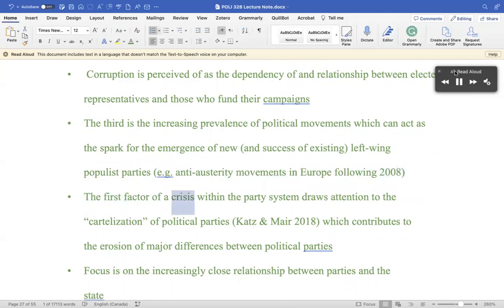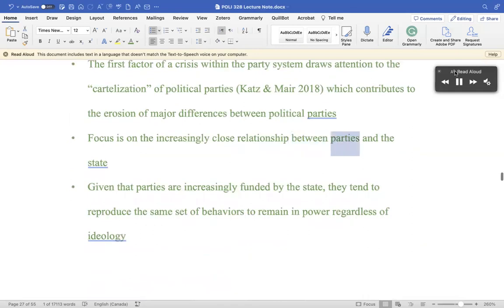The first factor of a crisis within the party system draws attention to the cartelization of political parties (Katz and Mair, 2018), which contributes to the erosion of major differences between political parties. Focus is on the increasingly close relationship between parties and the state.